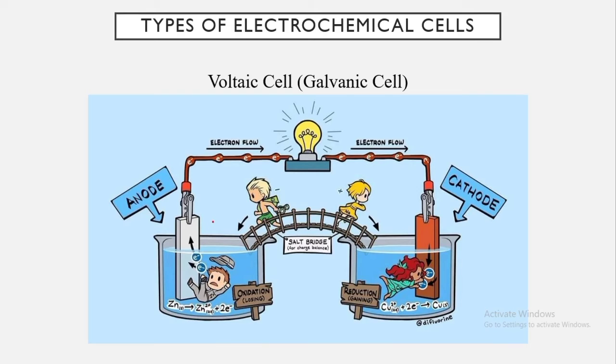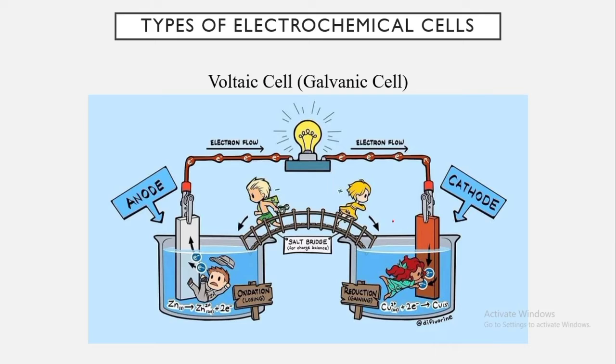Now let's look at the types of electrochemical cell, the Voltaic cell or the galvanic cell. For the galvanic cell, we have the anode and cathode. The electrons move from the anode to the cathode, and this forms the definition of galvanic corrosion, whereby we have the anodic and the cathodic reaction coming together, and the anodic member will undergo dissolution, and the cathodic member will undergo what?